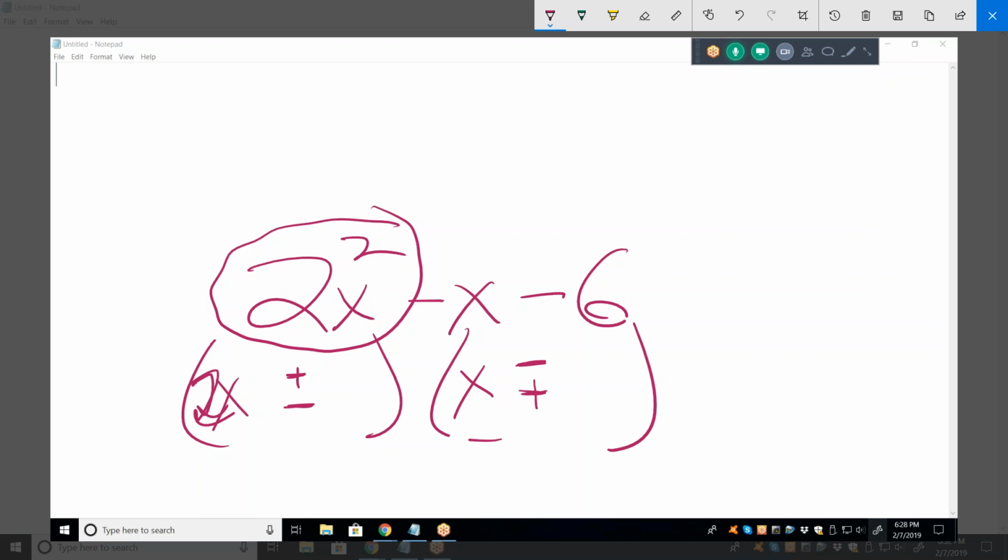And this is where it gets more difficult. And the third step, you don't have any simple rule like factors of 6 that subtract to the 1. Those rules no longer apply once you get to second level quadratics. What you have to do is trial and error.